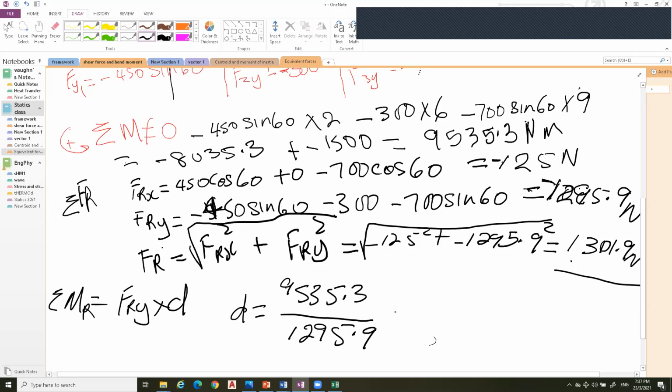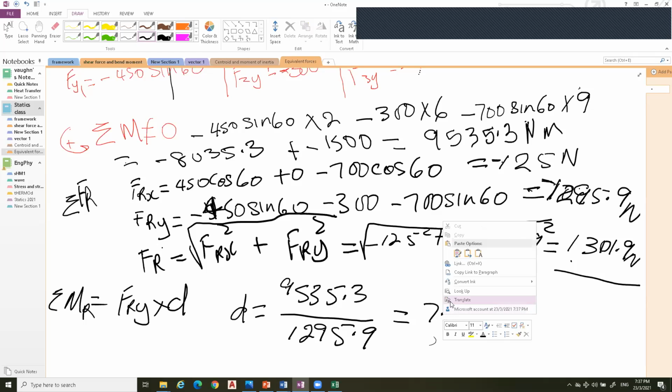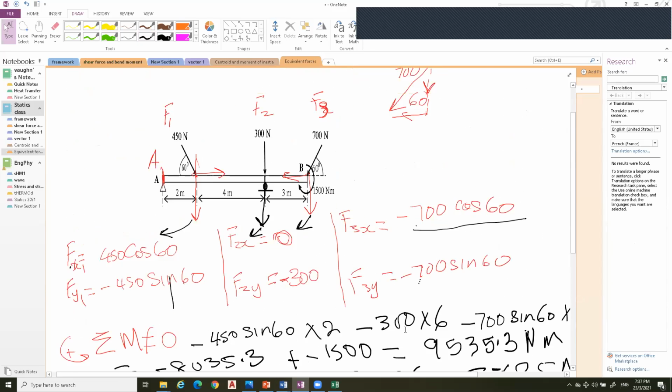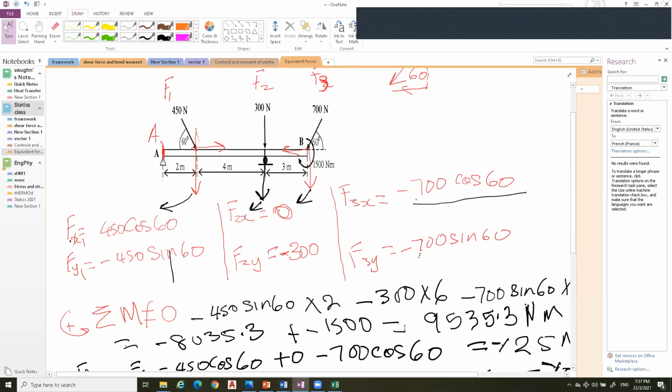How much is it again? 7.3 meters it was. So it means therefore that 7.3 meters on this problem here, this is 6, so 7 is somewhere out here.